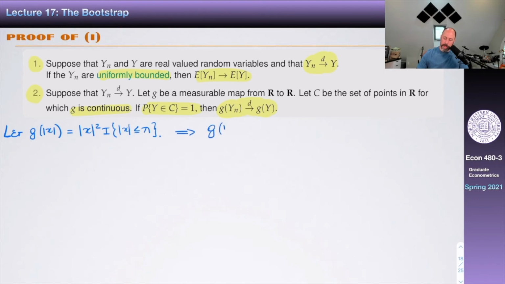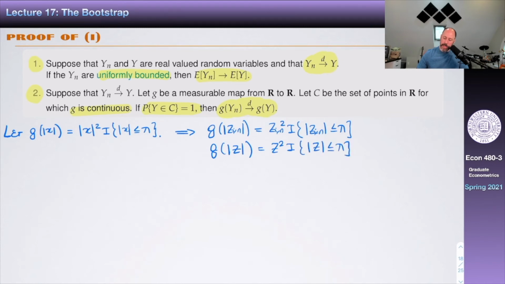One is going to be z_n, so this is just z_n squared times the indicator that the absolute value of z_n is less than or equal to lambda. And then g of z, which is the limiting version, z squared times the indicator that the absolute value of z is less than or equal to lambda.